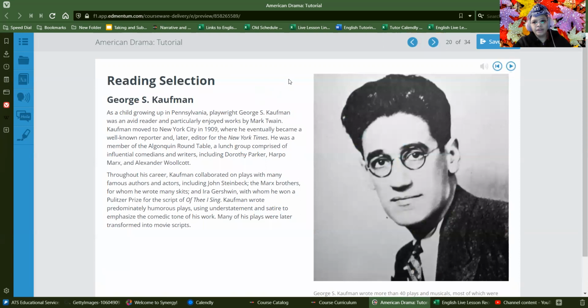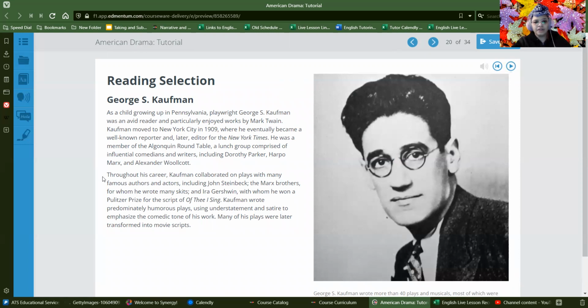Okay. So when we get to the reading selection, finally, we get some information about George S. Kaufman. He's an author who was a part of the Algonquin Round Table, which was a lunch group. A lunch group is basically a term for artists or writers who get together often to write and brainstorm during these lunch meetings. They give you a little more information about his life, where he grew up, some places where he worked.